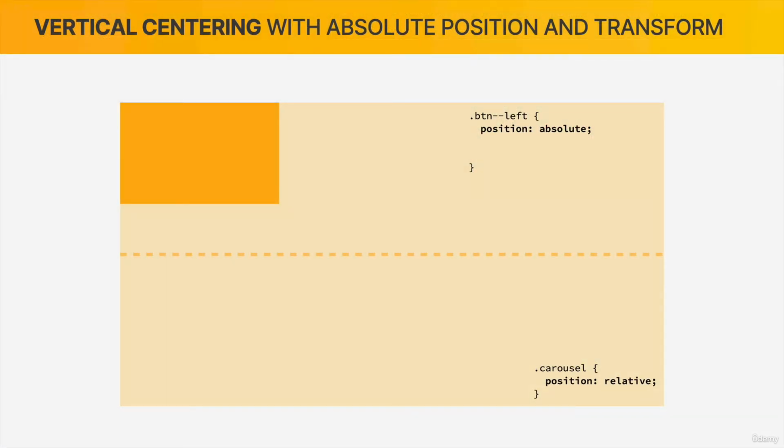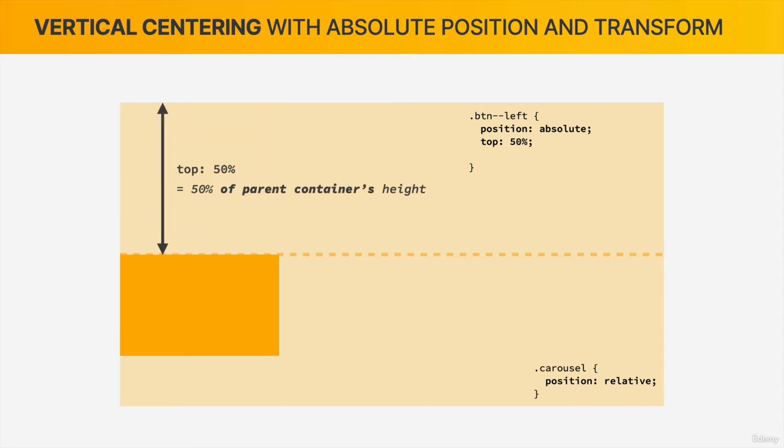So this is our starting position, where we have the carousel with the position set to relative and the button left with the position set to absolute, right? And so now, as we just did, we set the position to 50%. And so what that does is to move this element by exactly 50% of the parent container's height. All right.